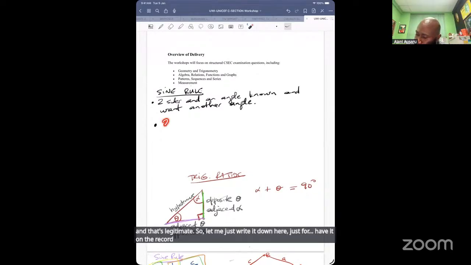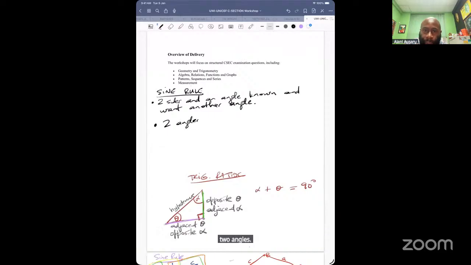So if we have two angles and one side, and want another side, that is when we use the sine rule.